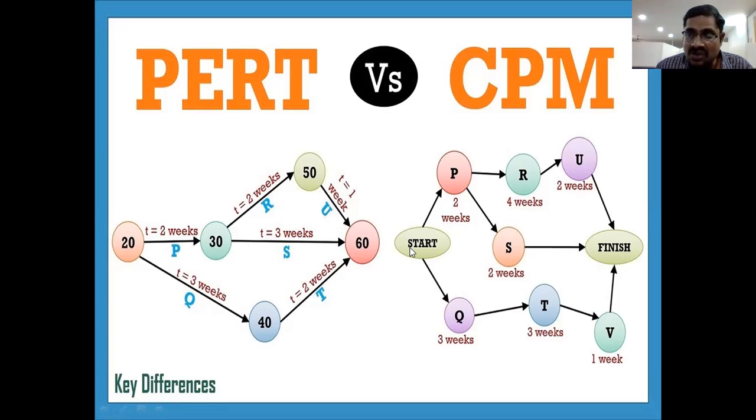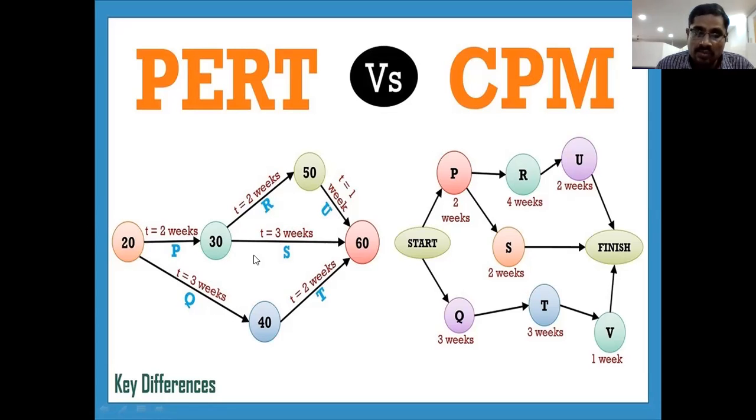Deterministic means from starting to finish, each and every activity is pre-decided. Preceding activities are also pre-decided. Activities decided, time pre-decided, cost also pre-decided. But in PERT, these things are not decided exactly, right?